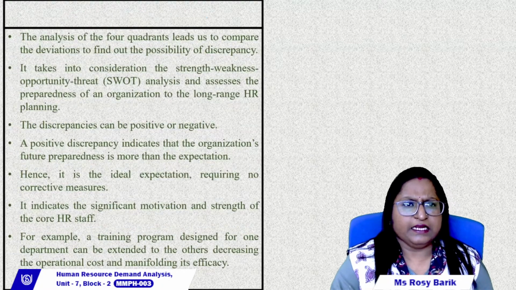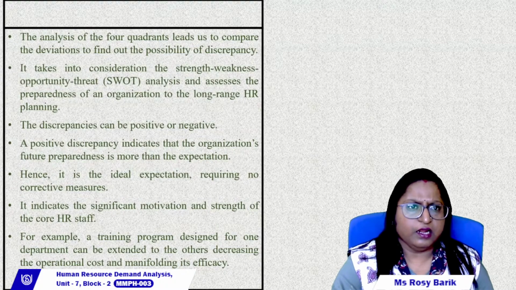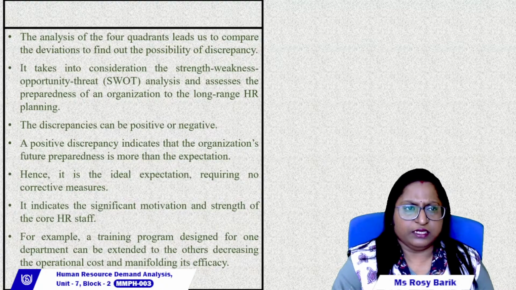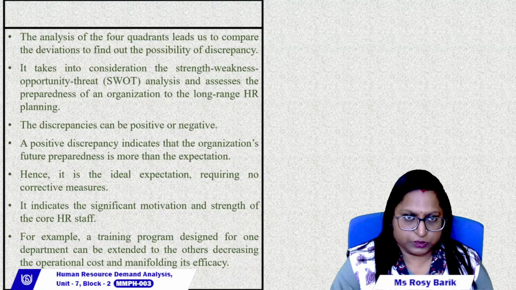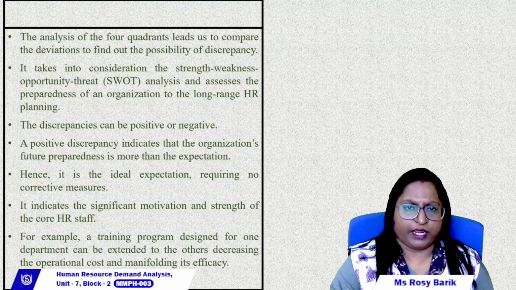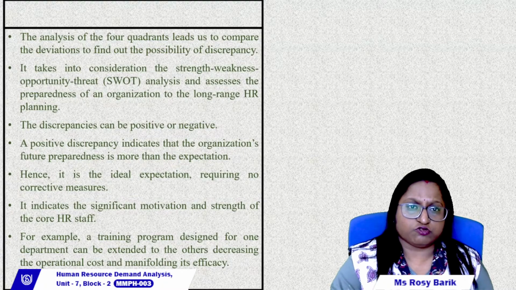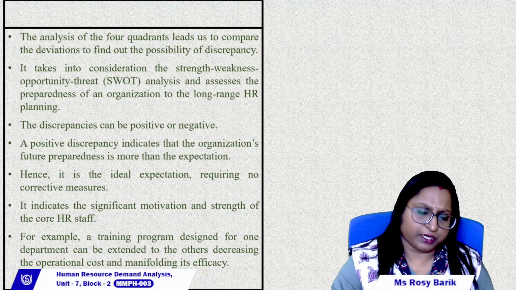The analysis of the four quadrants leads us to compare the deviations to find out the possibilities of discrepancies. What are the deviations? How can we meet those deviations? It takes into consideration strengths, weaknesses, opportunities, threats, that is SWOT analysis, and assesses the preparedness of an organization for long-range HR planning.